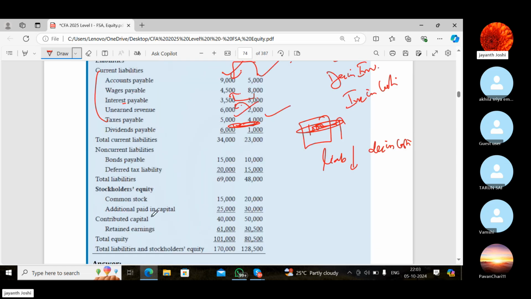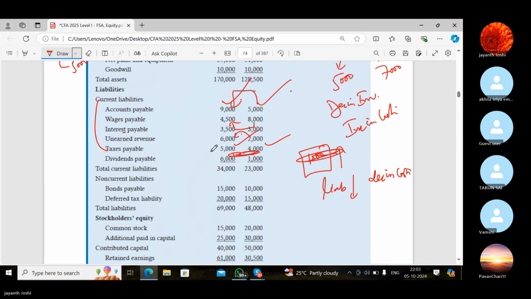Why did we take deferred tax liability? See, deferred tax liabilities, this year's current portion we need to take. Taxes payable has increased, which means I did not pay the tax, so my liability has increased. And deferred tax liability like 15 and 20.